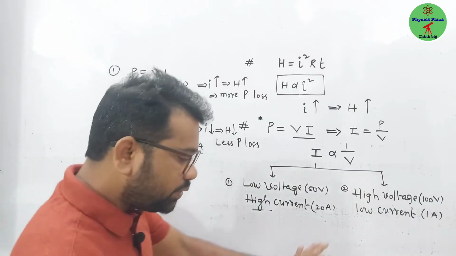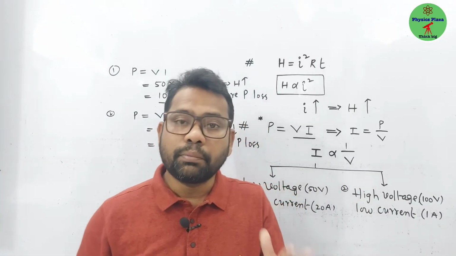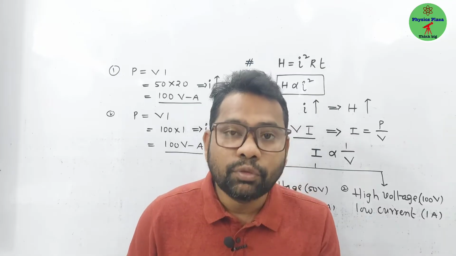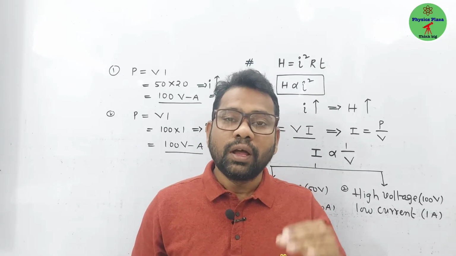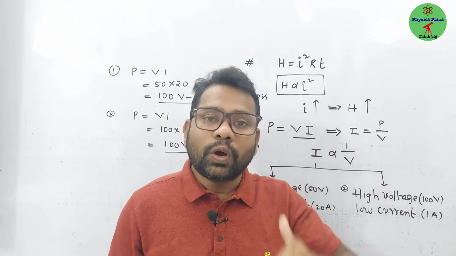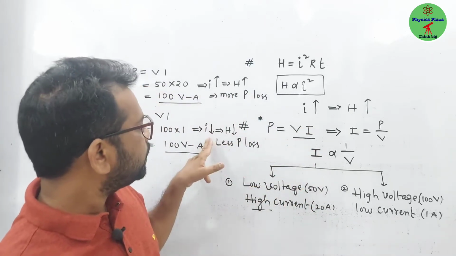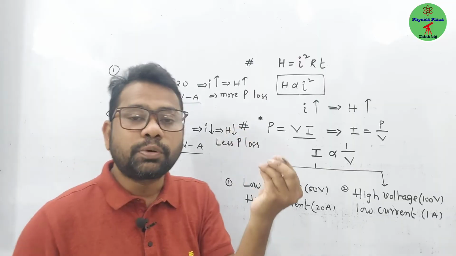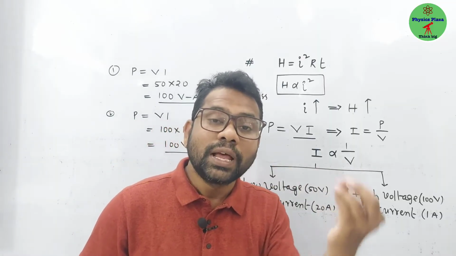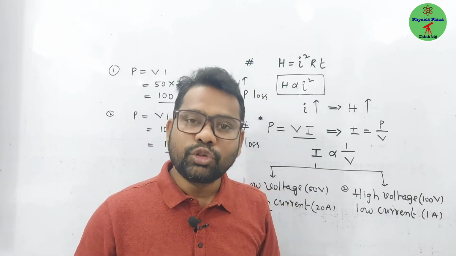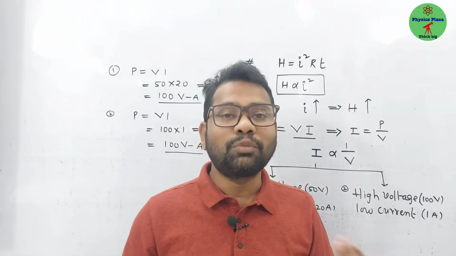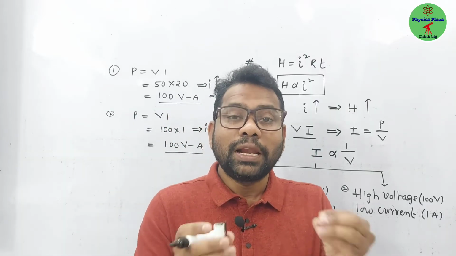Whenever we are doing power transmission, make sure it is high voltage and low current. High voltage always involves low current. Low current means very less heat is produced, which causes less power loss. Now you tell me, do we want less power loss or more power loss? Obviously we need less power loss.